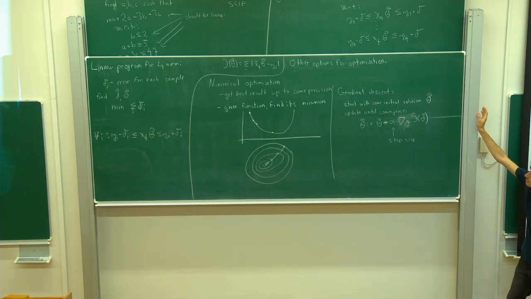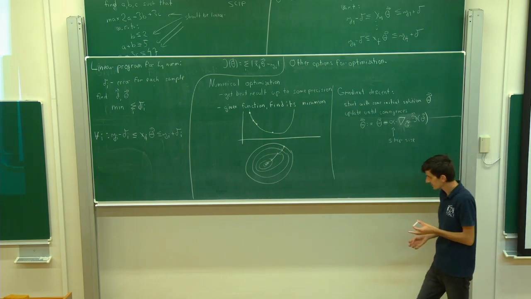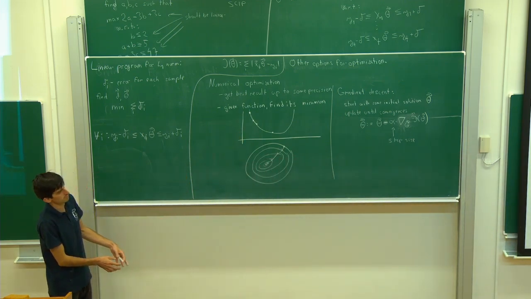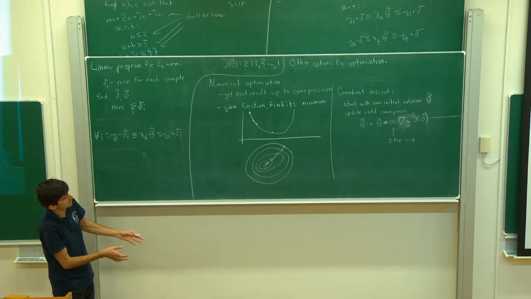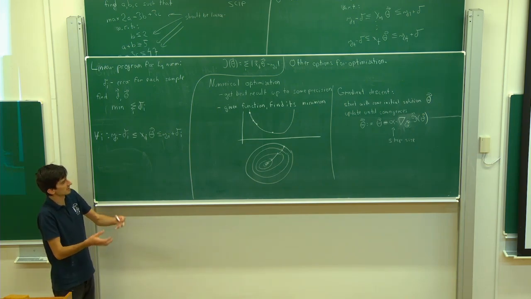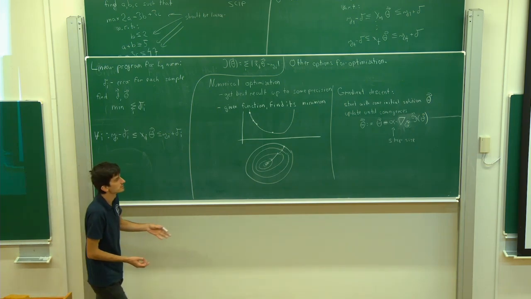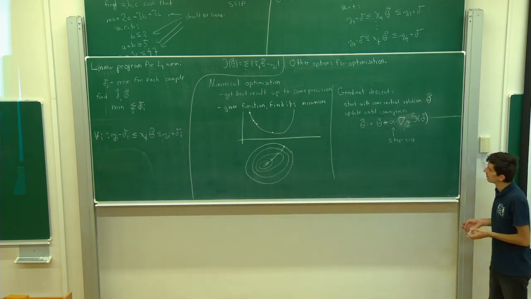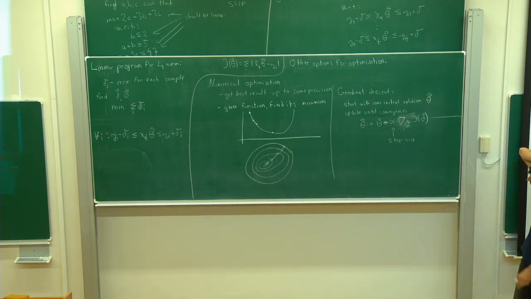In practice, we try several values of the step size, and when it works, we are happy. So you start with something, I don't know, 1. If it blows up, you lower it. If it still blows up, you lower it. And when it starts working, you use that step size. So this is basically the trivial gradient descent algorithm.